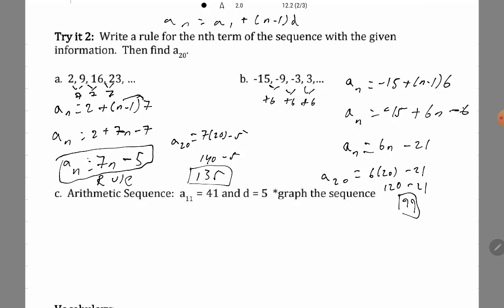Part C. They tell you that a sub 11 is 41 and d equals 5. We need to find the rule. So a sub 11 is equal to a sub 1 plus 11 minus 1 times 5.